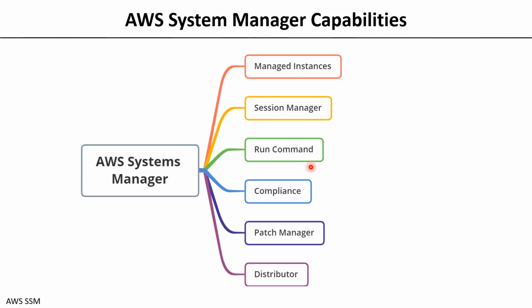Session Manager: we will see how to take a remote session of an EC2 without having a PEM file. How do we execute a remote command? How do we do compliance and patch management? And finally, we will do a distribution as well. We'll try to install a package remotely to the managed instances.